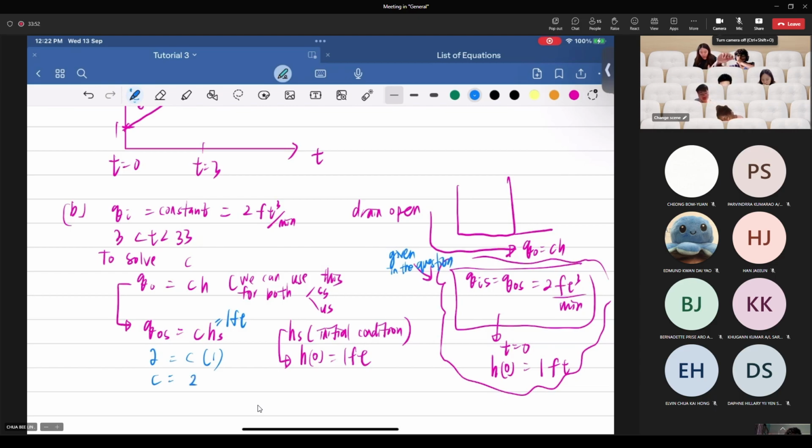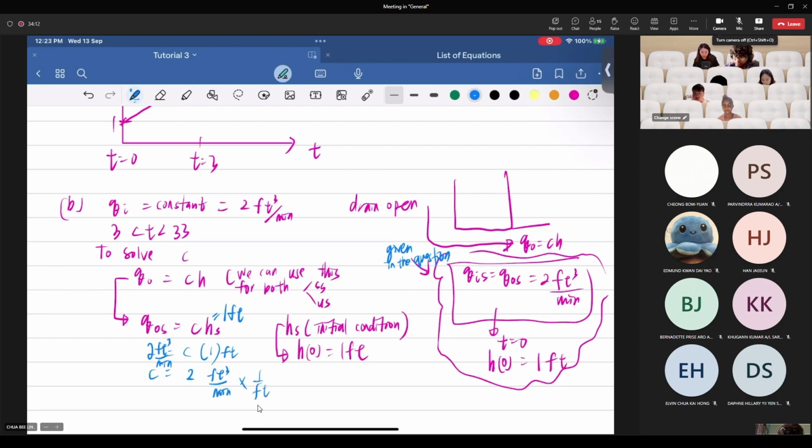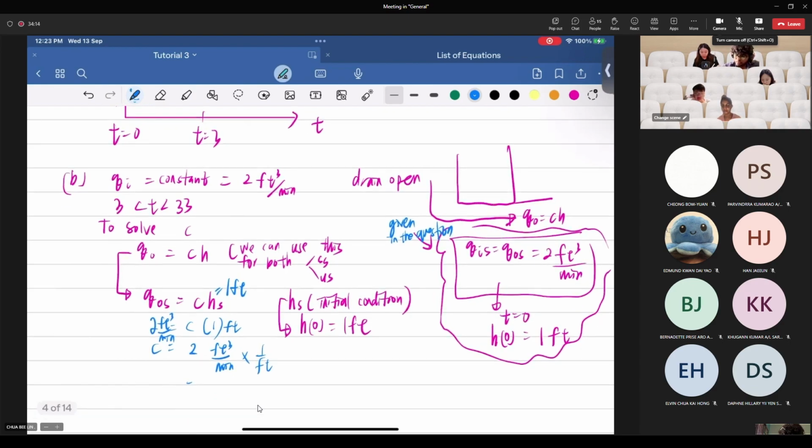If you include the units, the Q0 unit is feet to the power 3 over minute, and H is in feet. So C equals this multiplied with 1 over this one, and finally you get the answer of 2 feet to the power 2 over minute. So this is your C. You already solved your C.